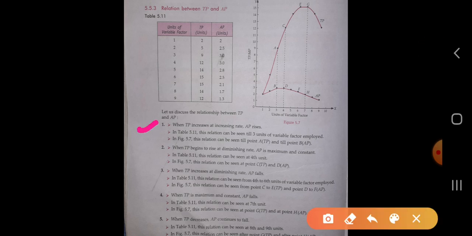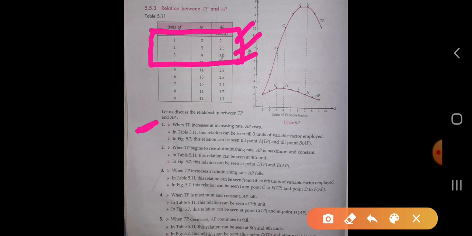When TP is increasing at an increasing rate, see here at point 3, TP is continuously increasing, that means it increases from 2 to 5, then 5 to 9. AP also increases, that means it increases from 2 to 2.5 and then 3.